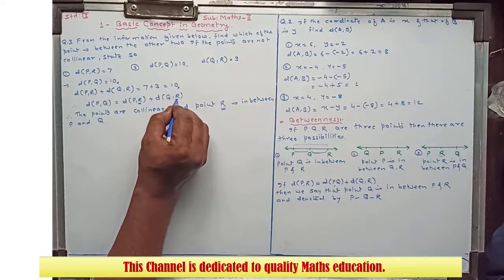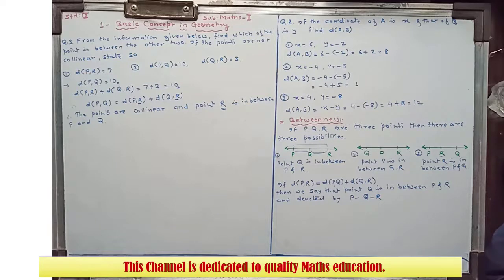So here point R comes common in both the distances. So that point R is between the points P and Q. Okay, remember it like that.